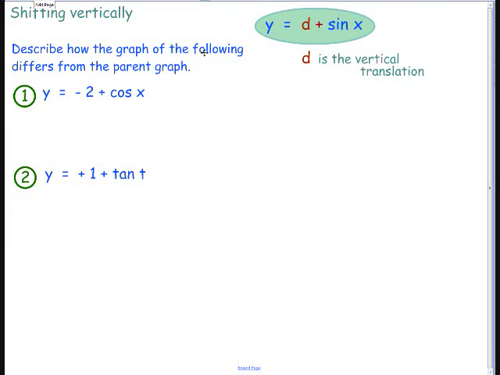Let's describe how the graph of the following will differ from the parent graph. Now the parent graph for cosine, what does that look like? Let's just take a moment to draw it. The parent.